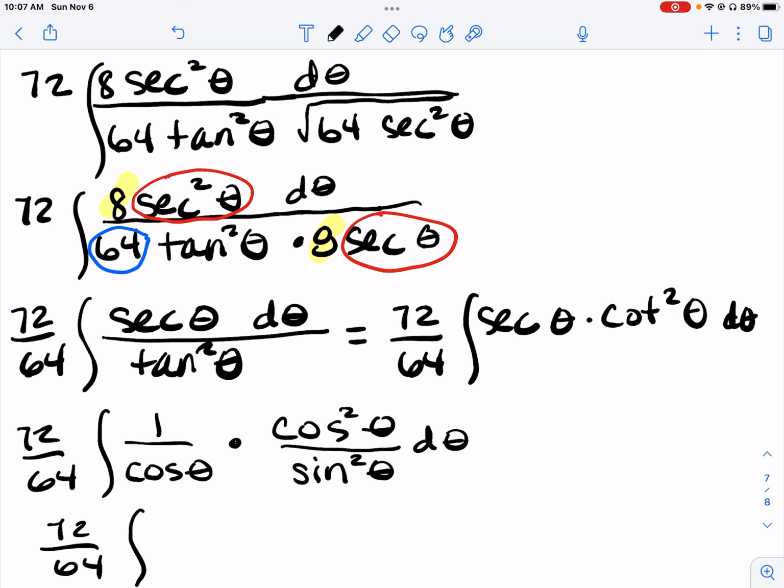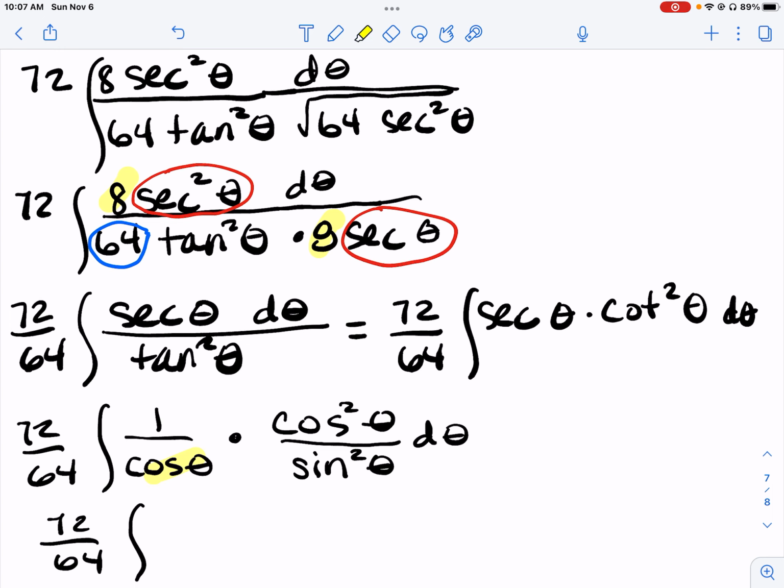Okay, one of these cosines divides out, so I would still have a cosine of theta on top, sine squared of theta on bottom.